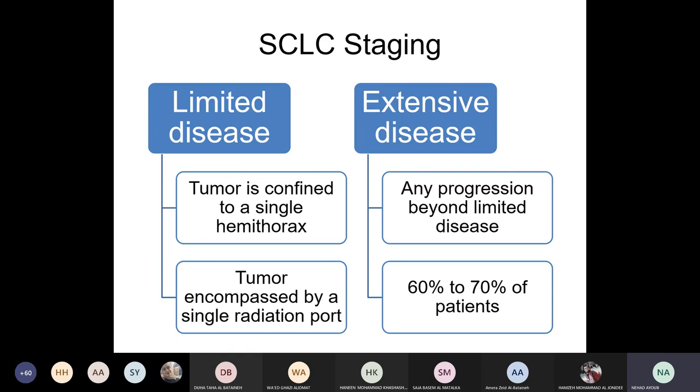Unfortunately most patients with small cell lung cancer have extensive disease at presentation. About 70% of patients are already in extensive disease, which means a really aggressive form. The survival chances are really low. So one of the problems is that the patient usually comes with a really advanced or aggressive presentation.